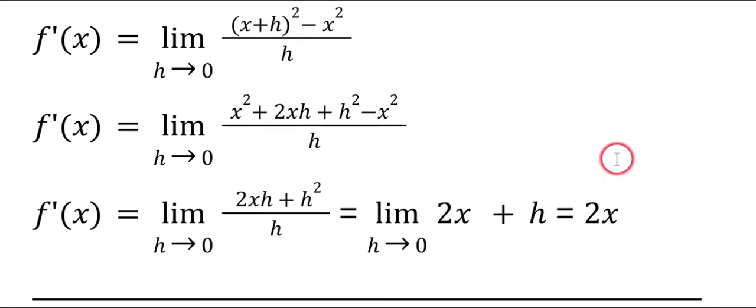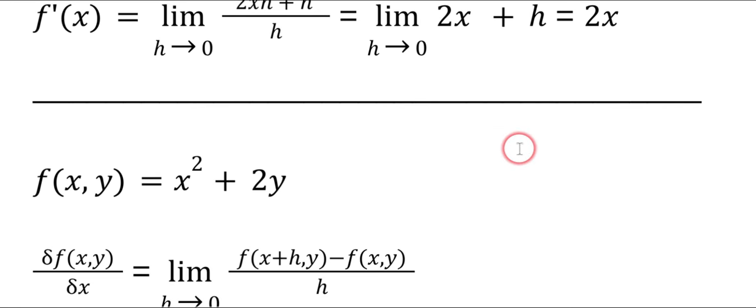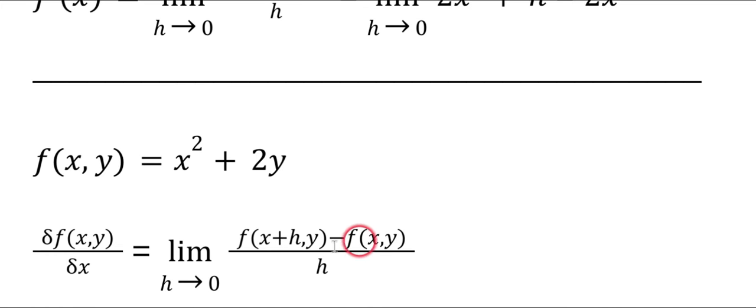Now, let's expand that to a multivariable function, x and y. So let's say we got x squared plus 2y. Well, what's the derivative of that with respect to x, let's say? We just write it the exact same way. Here's the delta x added to x minus the function, divided by h.